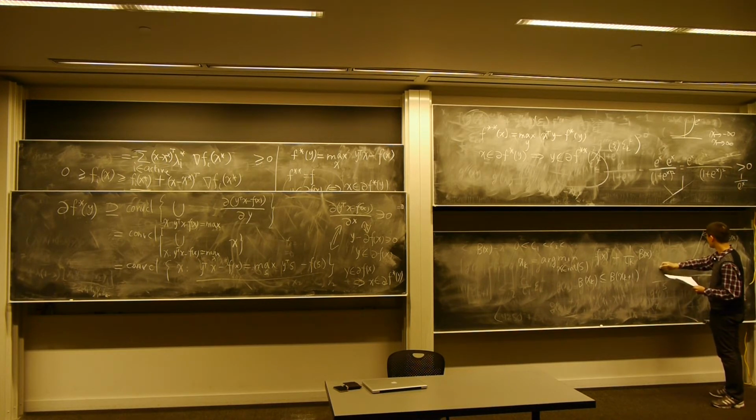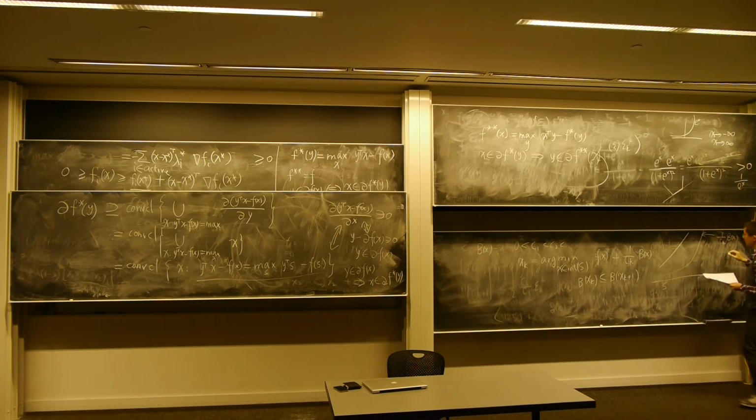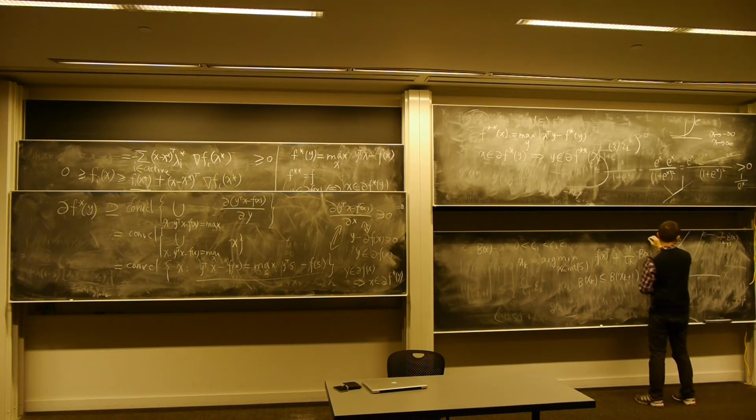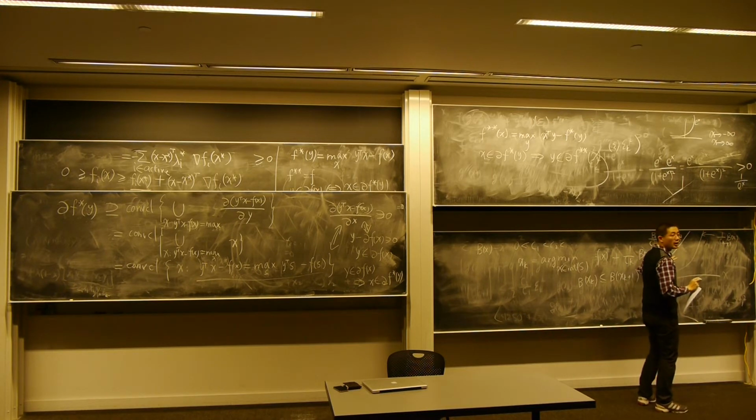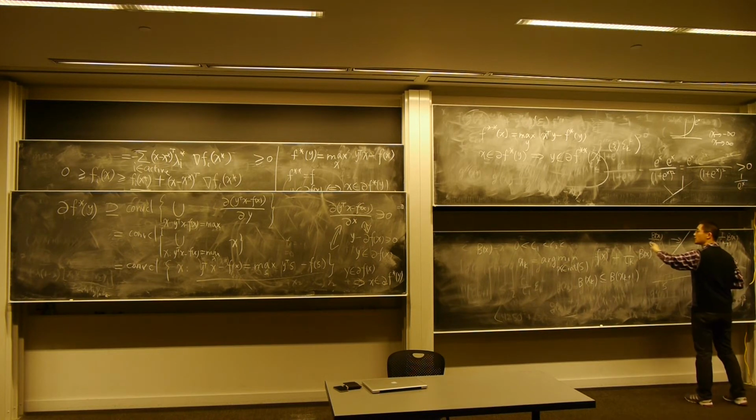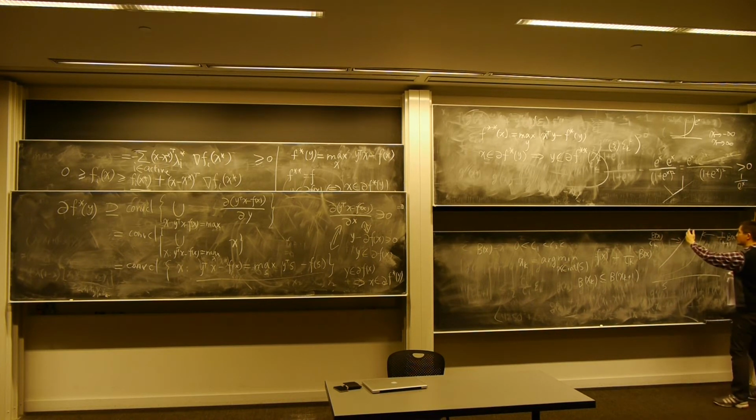Let me just draw it more exaggeratedly. So maybe this is c_{k+1}. Let me say that this one is 1 over c_k b(x). So as k becomes larger, this function gets closer to the actual rigid boundary.